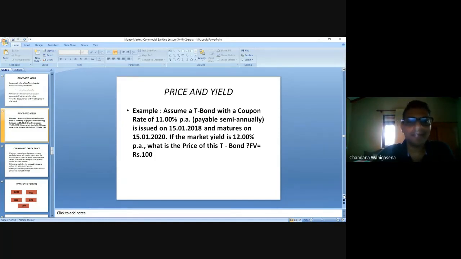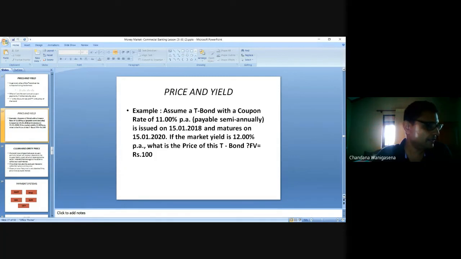The first 6 months, first cash flow: P is equal to the first 6 months cash flow 5.5 divided by 1 plus 0.06 to the power 1. First cash flow to the power 1, right? Then the 12 months cash flow 5.5 divided by, within brackets, 1 plus 0.06 to the power 2, right?